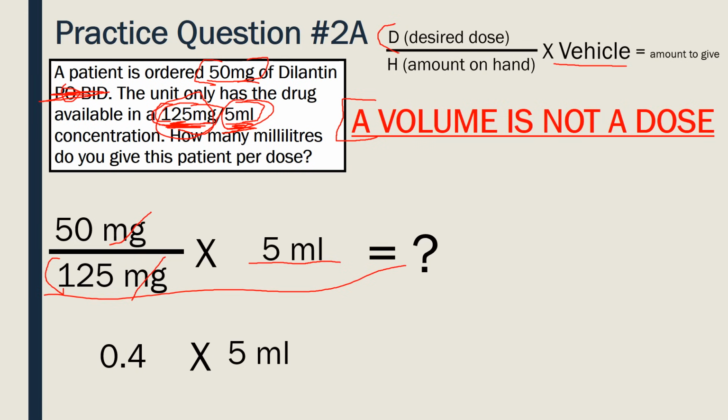So 0.4 multiplied by 5 gives you 2 milliliters, and that's going to be the answer to this dosage question. So you're going to give the patient 2 milliliters of this fluid in order to give them the 50 milligrams that is ordered. And again, just how we did in the last question, you can double check this.